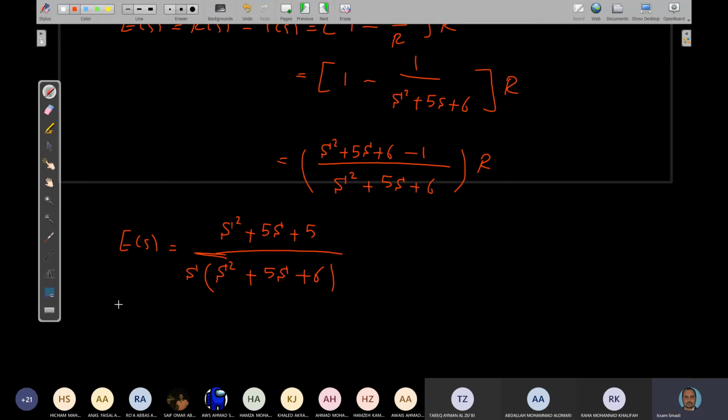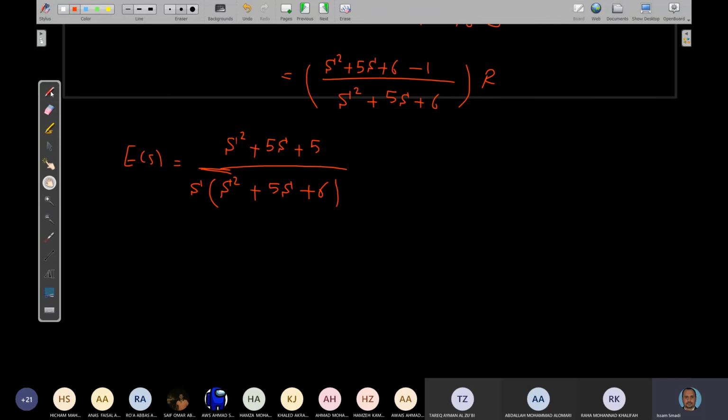Now, according to the final value theorem, e steady state will equal the limit when s goes to 0 of s e of s, and if I evaluate this it will equal 5/6, which is correct.